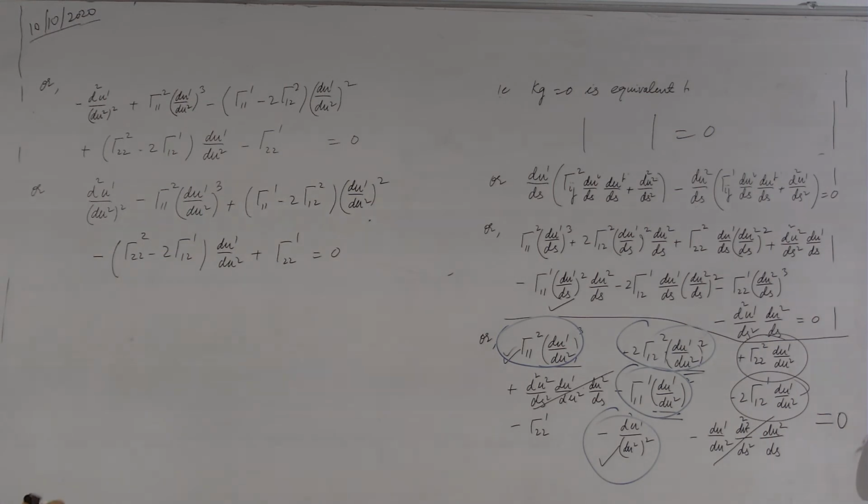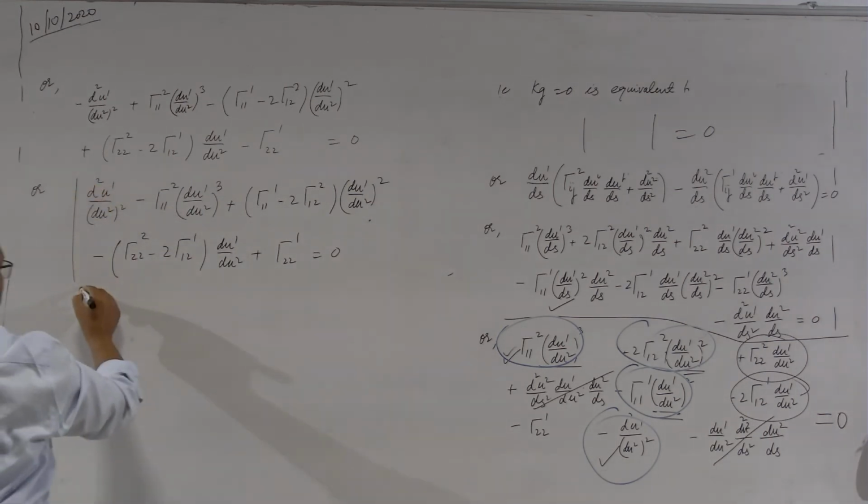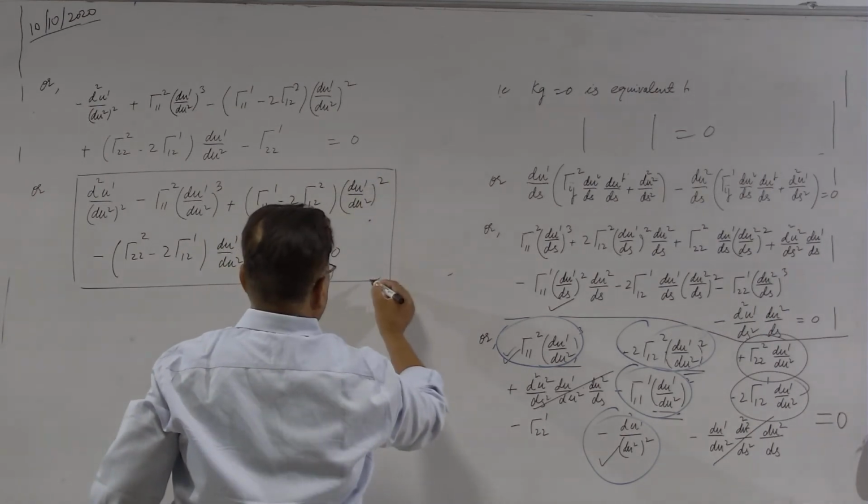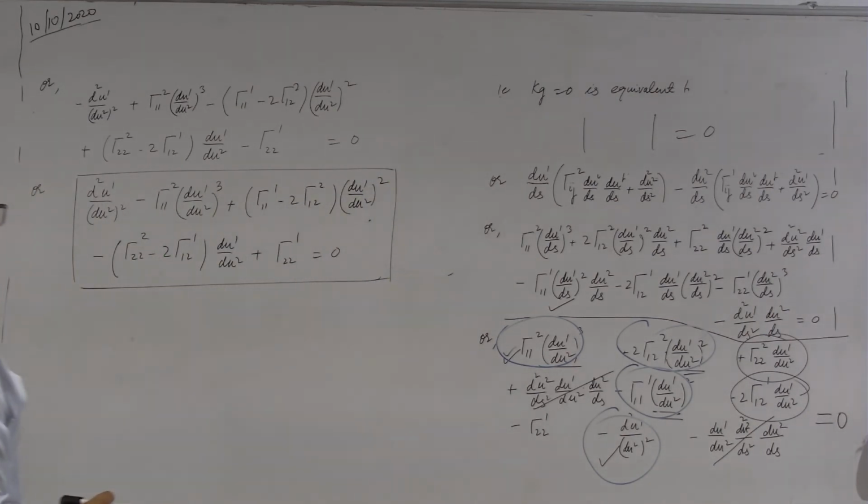So this is a single equation of a geodesic, which is in fact a differential equation. So this differential equation of order 2 represents a geodesic.